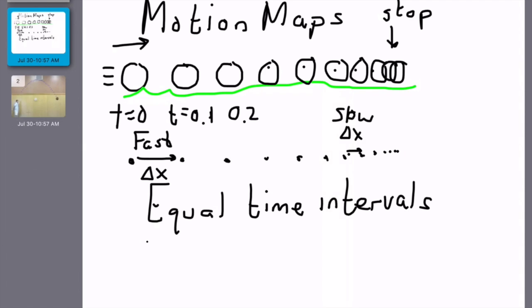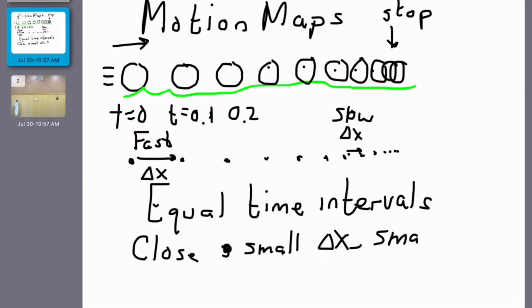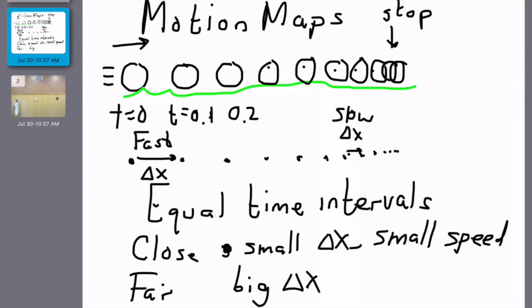Okay, so close, slow. Oh, let me put it this way. Close, small delta x, and so small speed. We'll talk about velocity later. Far apart, big delta x, big speed.